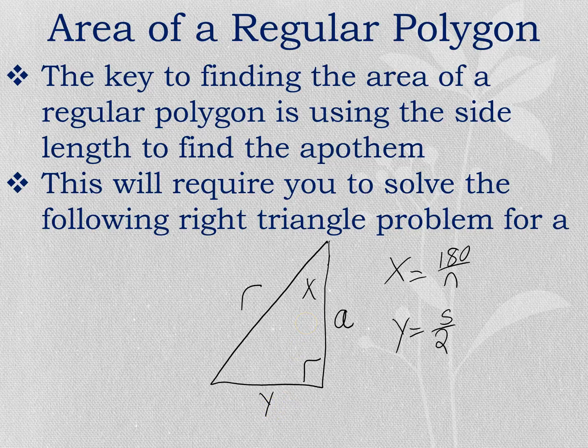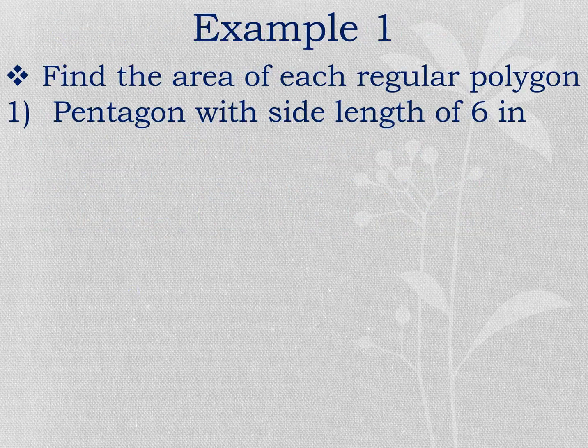And as long as I know the number of sides, I'll find x, and I can use that to solve for a. Because in terms of x, the angle, y is always opposite, a is always adjacent, and r is always the hypotenuse. So if I want to solve for a, given y, it's always going to be a tangent problem. So tangent of x equals y over a. And that's what we're going to solve every single time for one of these problems.